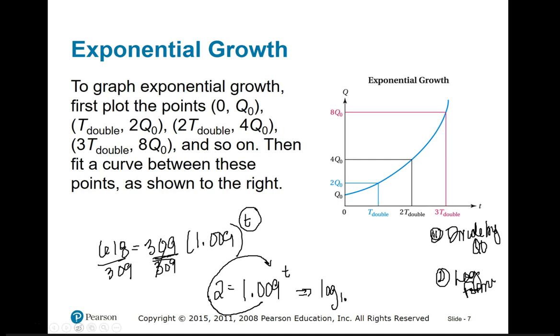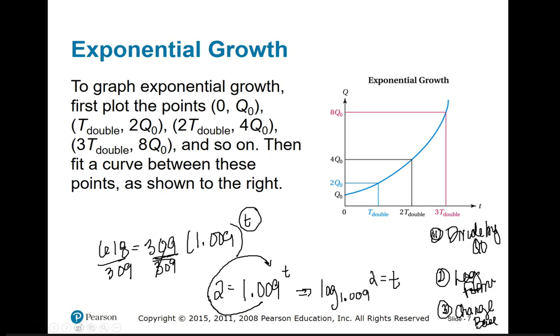Log base 1.009 will give me a 2 when I raise it to whatever this exponent is. Well, that looks pretty strange, right? We're going to have to put it in our calculator a little bit of a weird way. The last thing we're going to have to do is use something called change of base.